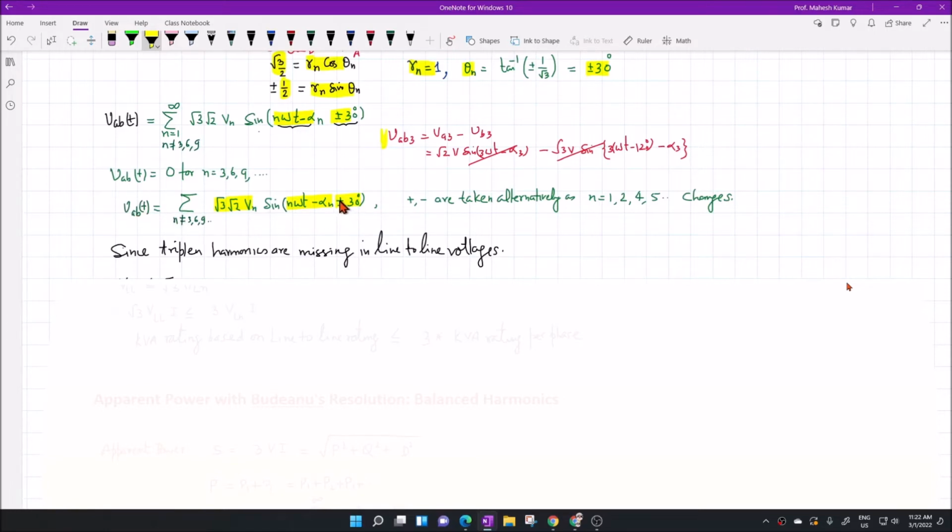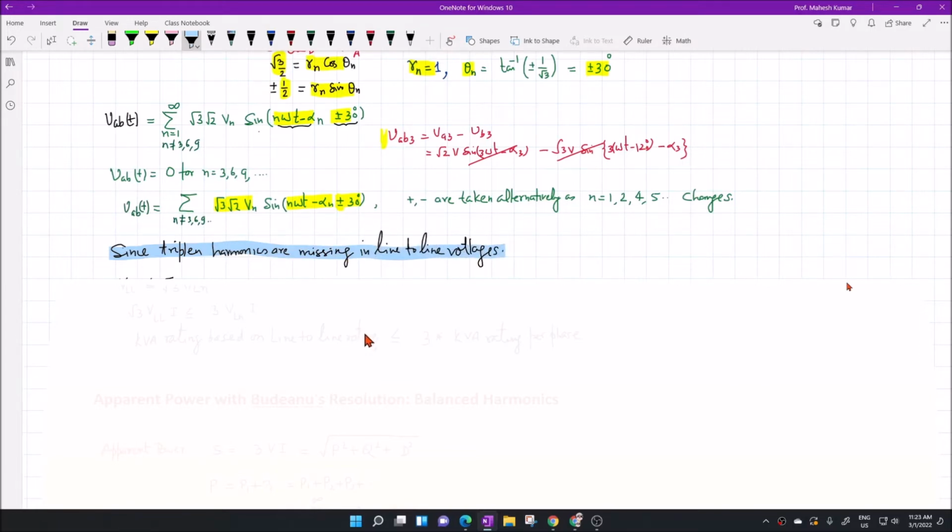And the sign plus minus here is taken alternatively as n proceeds from 1, 2, 4, 5 and so on. So when I say that n is not equal to 3, 6, 9, what does it mean? It means actually that triple harmonics are missing in the line to line voltage. Triple harmonics are absent in line to line voltage.